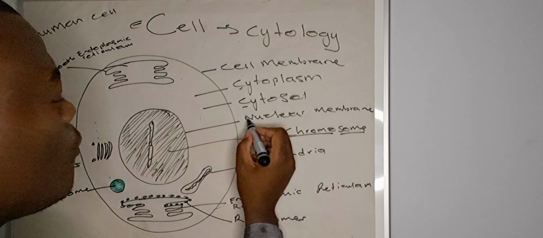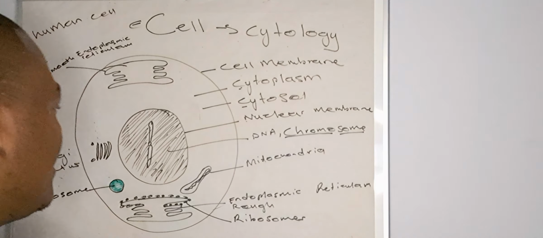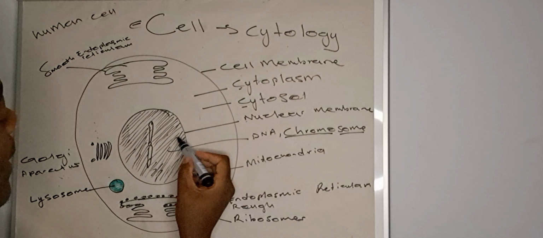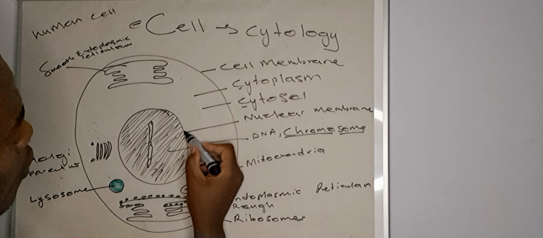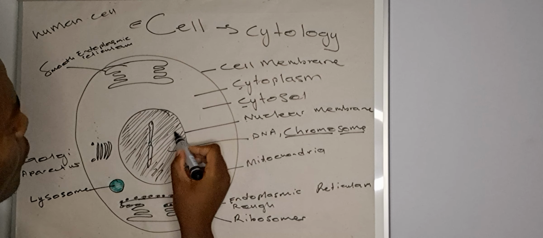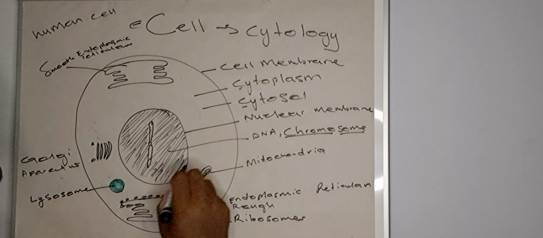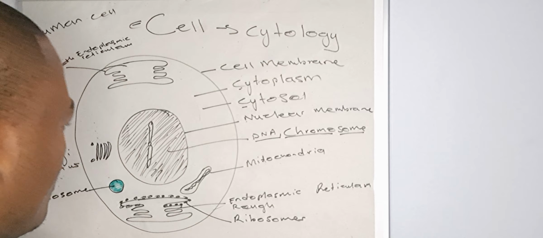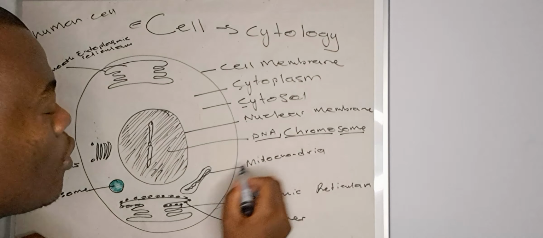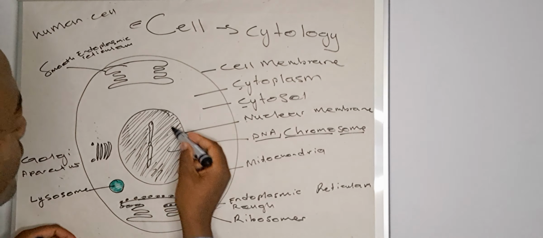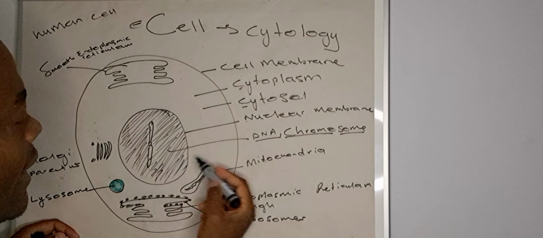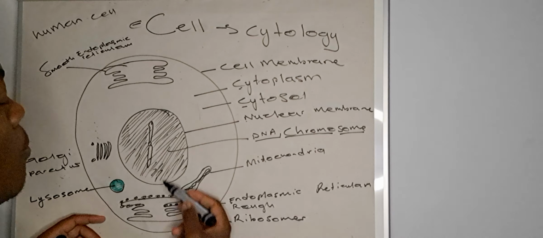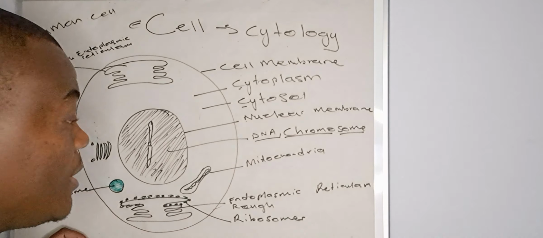What is the function of a nuclear membrane? Nuclear membrane does the same as the cell membrane. It regulates the flow of substances in and out of the nucleus. What is the function of DNA or chromosome? This dark staining area carries the genetical information so that the heir can be able to benefit from this genetical information.